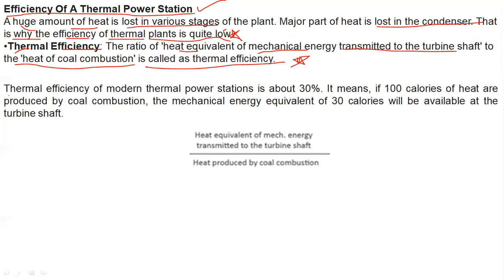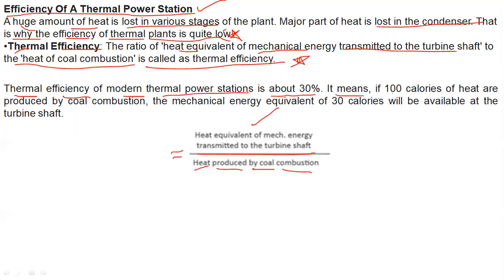Thermal efficiency is equal to heat equivalent of mechanical energy transmitted to the turbine shaft divided by heat produced by coal combustion. The thermal efficiency of the modern thermal power stations is about 30%.